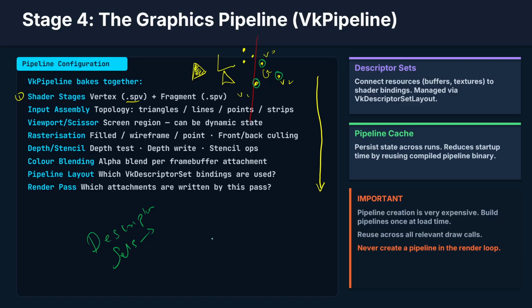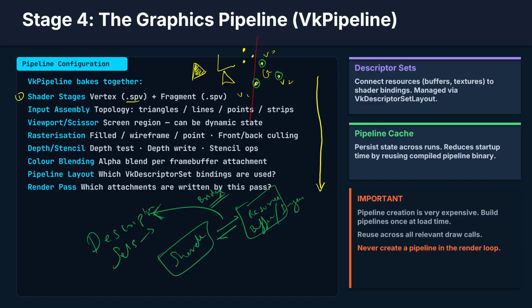So this is your shader, and this is your resource. The resource could be a buffer or an image. This is the descriptor set, the bridge between these.